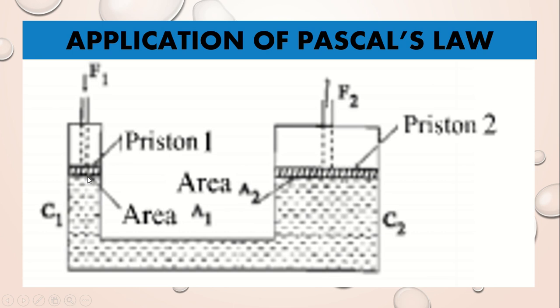Rather, the pressure will be equally transmitted through the liquid in all directions. So this pressure will be applied on the larger piston A2. For this pressure, a force F2 will be created in the upward direction. As the cross-sectional area A2 is larger than A1, the force will be multiplied here.